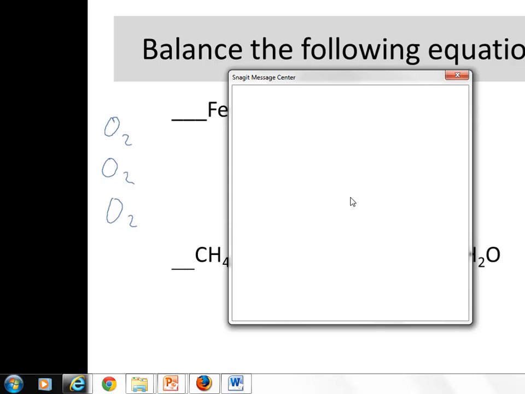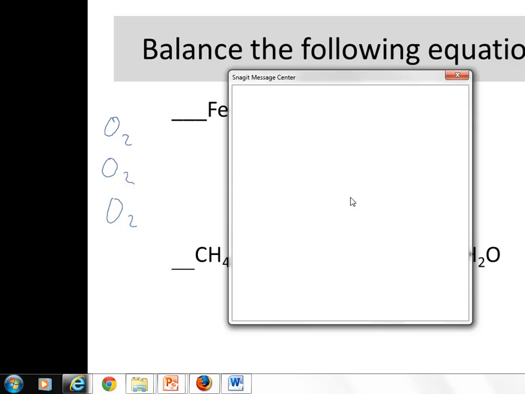My CH4 looks like this, plus O2 looks like this, makes CO2 plus H2O.